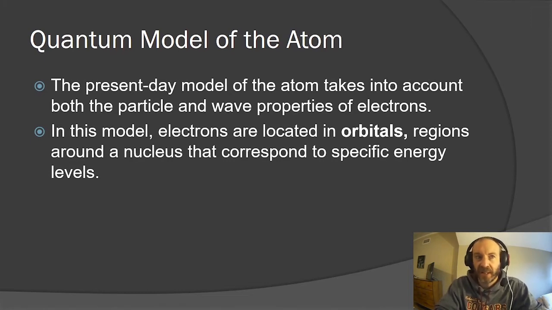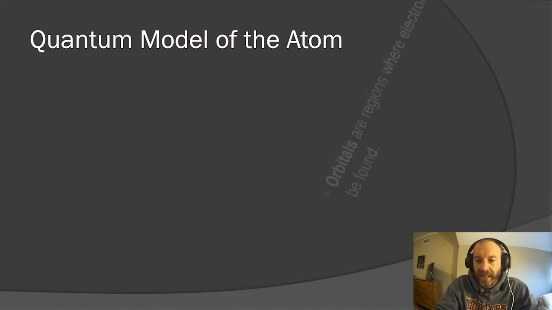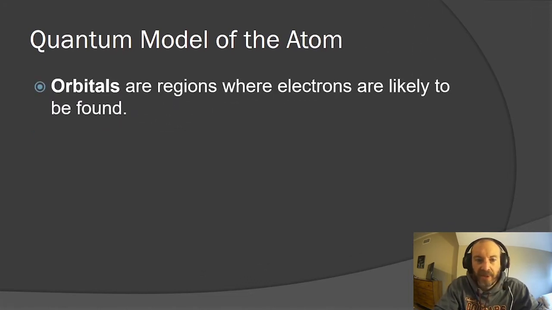Instead of saying the electron simply orbits the nucleus, we're saying we don't know exactly where it is, but we can predict with a fair amount of probability that it's going to be in a certain space, and we call those spaces orbitals. Orbitals have super complicated shapes, which we don't need to get into. Some are like spheres, some are like flower petals.